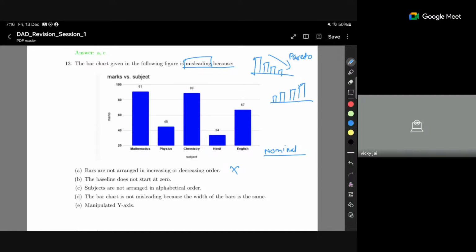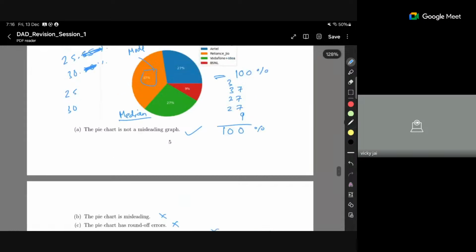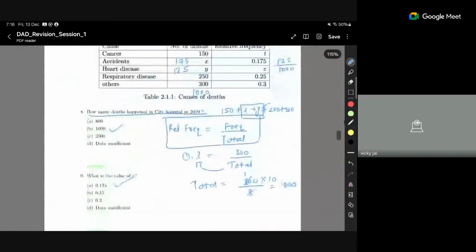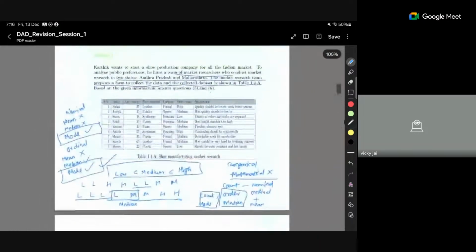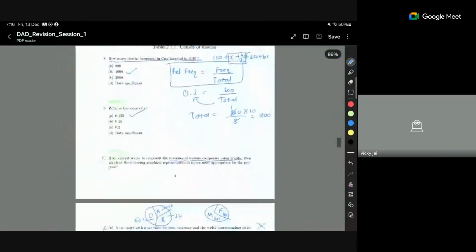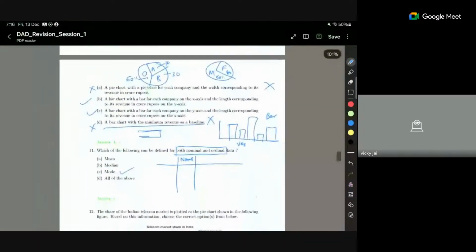The baseline is not starting at 0, right? That is the kind of reason for it looking misleading, because it is not starting from 0. You know that when we did this part, which question was that? The thing related to this company, right?